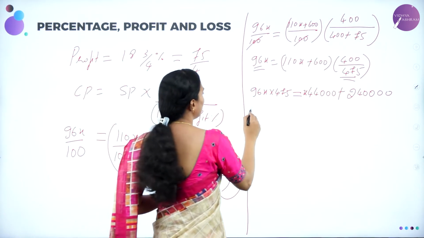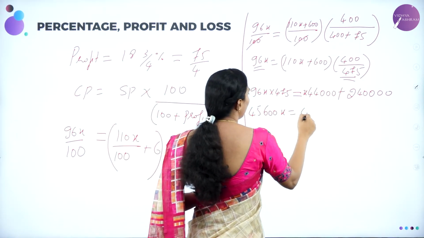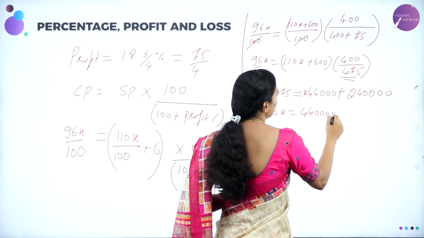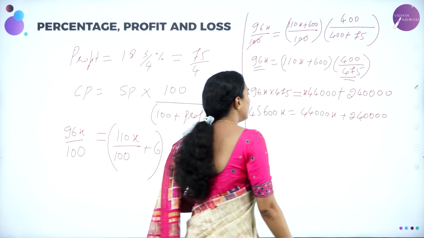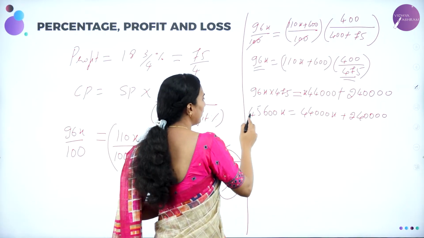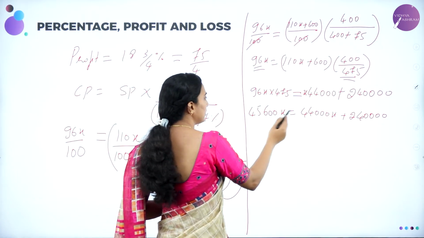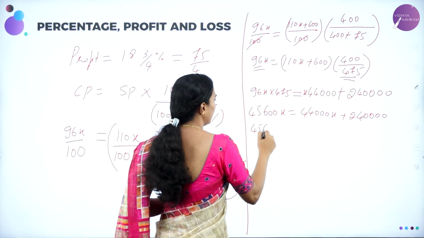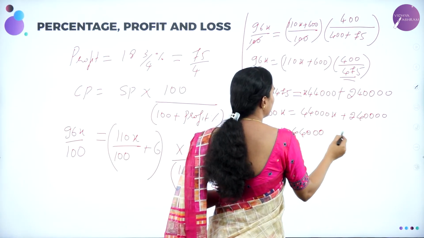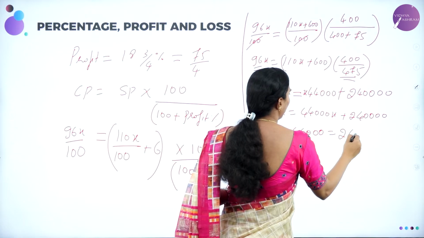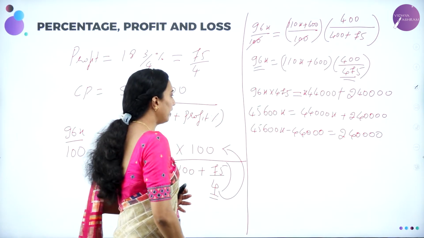So this will be equal to 45,600x equal to 44,000x plus 2,40,000. Now you can have 45,600x minus 44,000x equal to 2,40,000. So 45,600x minus 44,000x is 1,600x, which is equal to 2,40,000.